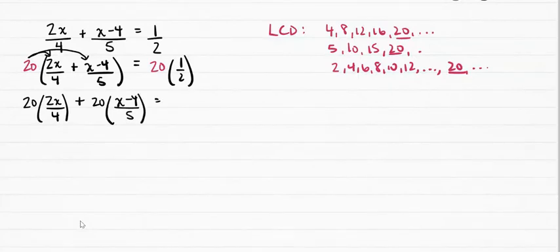On the right-hand side, we have 20 times a half, or 20 divided by 2, which gives us 10. Simplifying things on the left, 20 divided by 4 gives us 5, and 20 divided by 5 gives us 4.